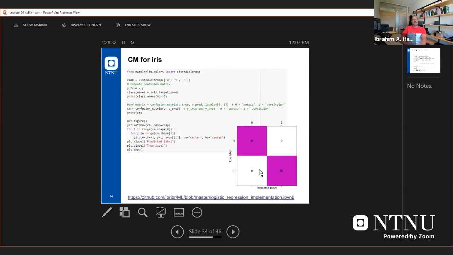As I mentioned, 1 and 7, maybe 0 and 8, sometimes 8 and 7, sometimes 8 and 9. It has lots of confusion between 8 and 9. So it's really important to plot your confusion matrix, because it will give you more details about how your model is performing. Okay.